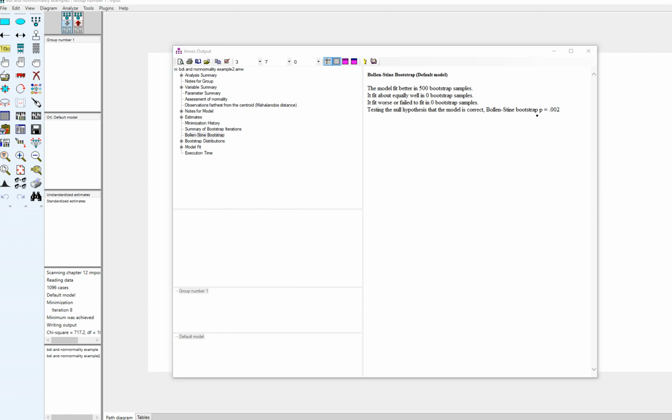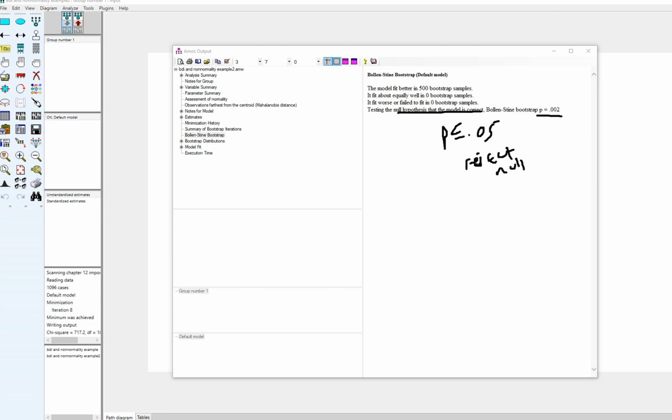If we go to this button right here, Bollen-Stine Bootstrap, you'll see that we get a p-value. To really simplify things, if your p-value is less than or equal to 0.05, the standard threshold, then we reject the null hypothesis, the null being that the model is correct.